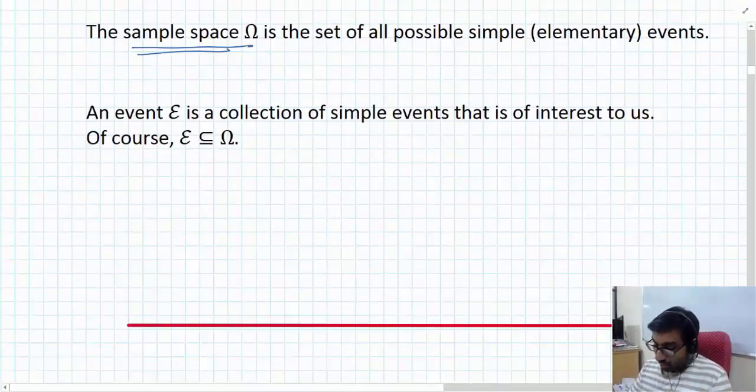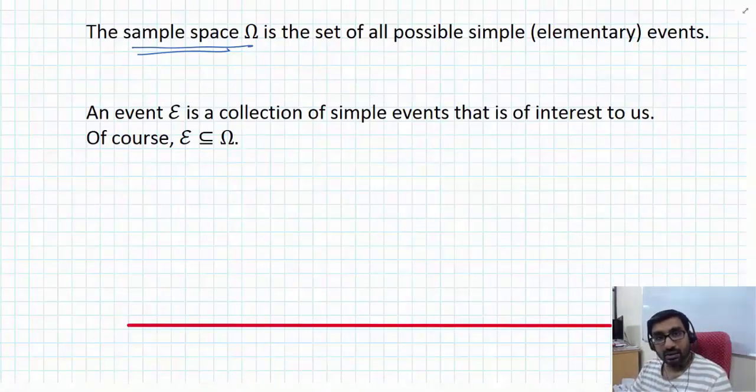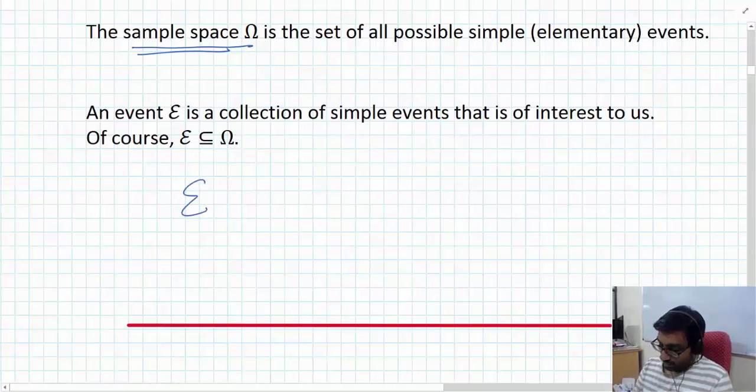Now, sometimes we may not be interested in these simple events, the elements of the sample space. Sometimes we're interested in other events that are basically subsets of the sample space. So let's give ourselves an example. Consider the event E, the event that the outcome is a prime number.